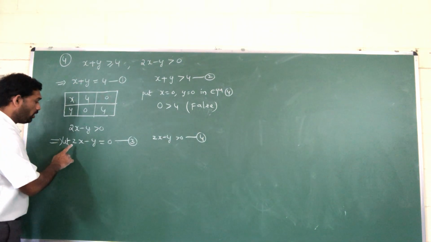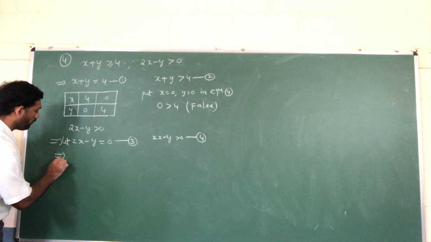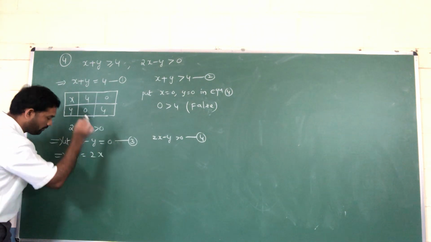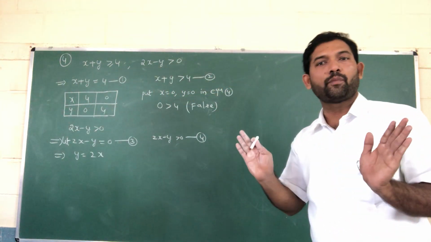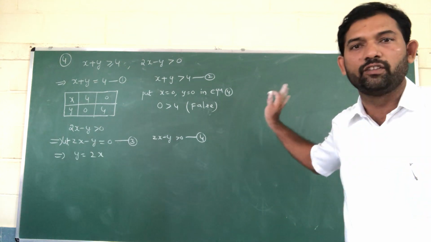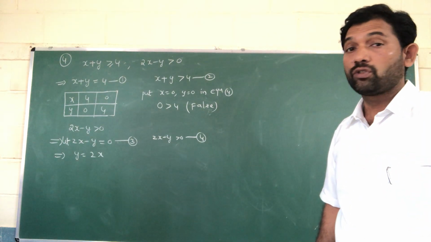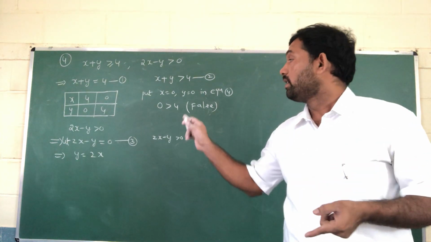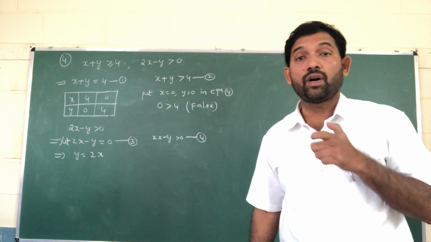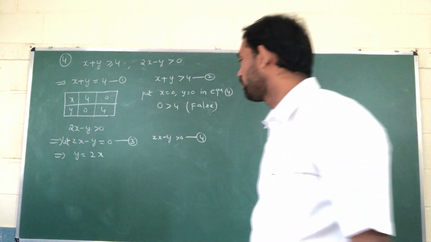Now it can be simplified: y is equal to 2x. You don't take box, you don't substitute any values like before. No constant is there, two variables are there, no constant is there. So this type of inequalities means the equations pass through the origin.